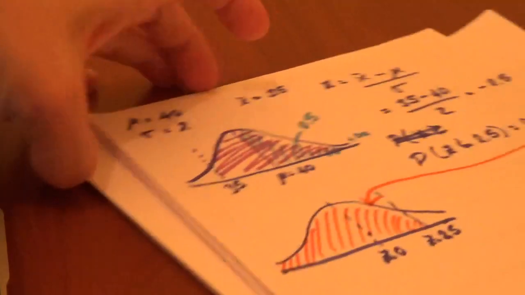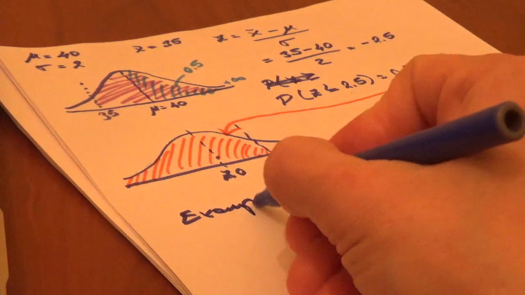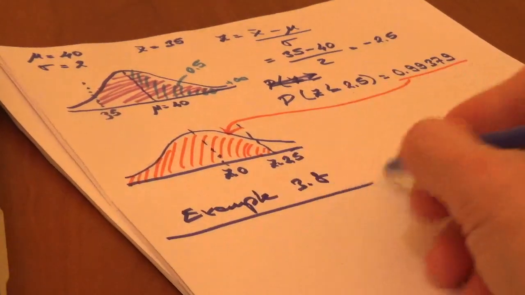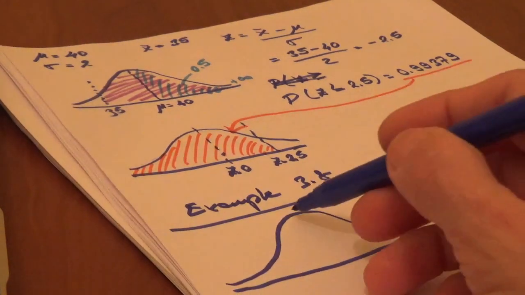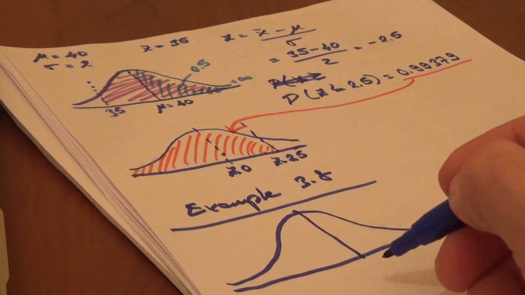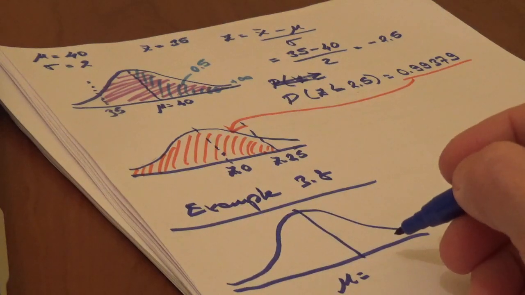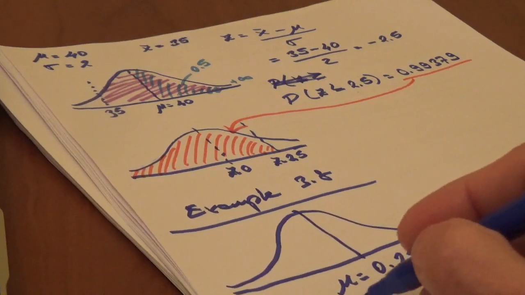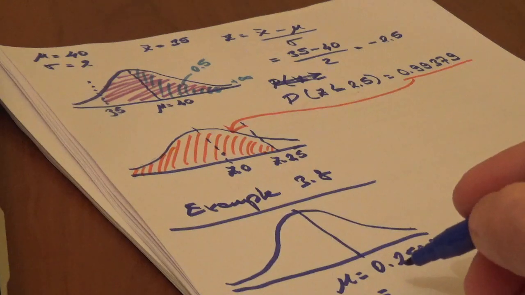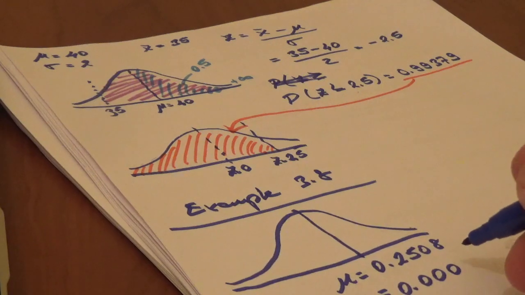Now, what do we have as values? Let's write them. Example 3.8. Let's draw the normal probability diagram. So our production mean, mu, is equal to 0.2508 and our standard deviation is 0.0005.